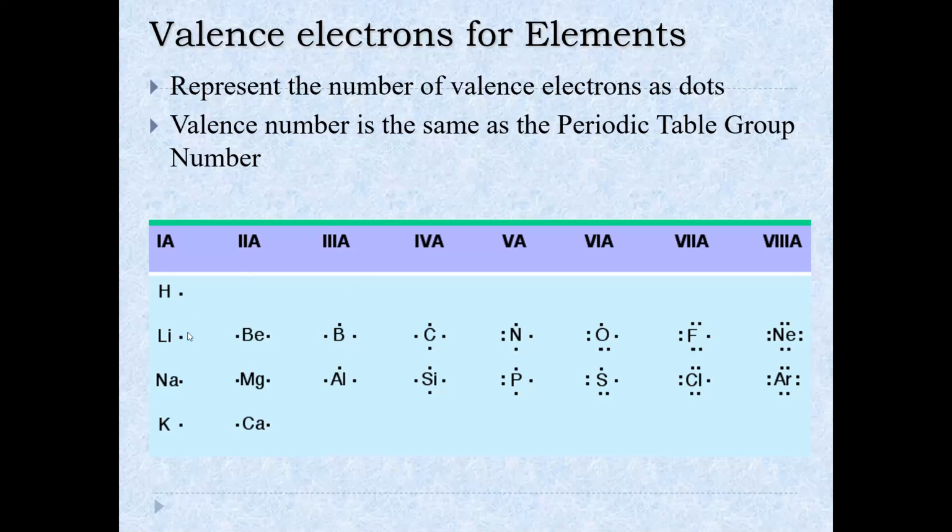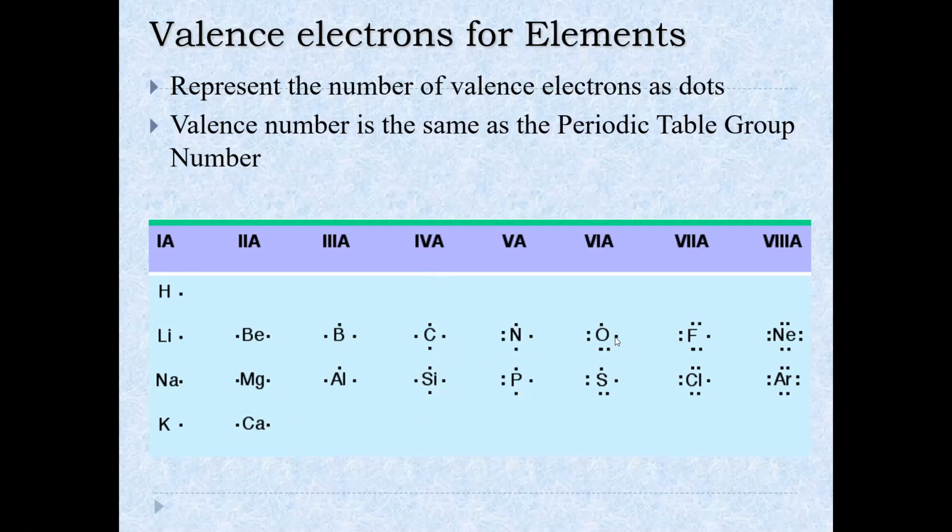Looking at this now, you can see group 1, you have 1 dot. Group 2 will have 2 dots. And remember, the 2 dots will not be placed together. You put them singly before you start pairing them up. Group 3 will have 3, boron and aluminum, you can see. Group 4, these are just for the first 20 elements. Carbon will have 4, silicon will have 4. Nitrogen, you notice that you click the 5, but 1 will be paired.